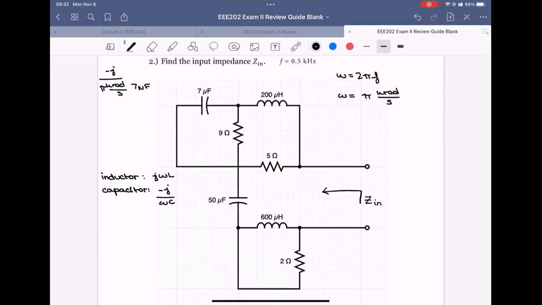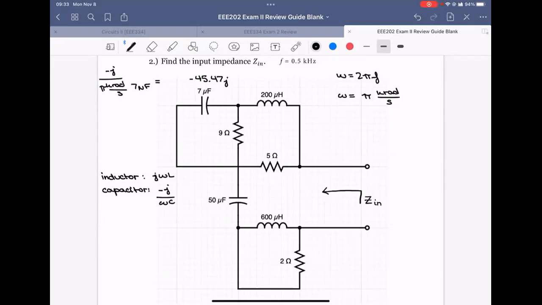Do that in your calculator and you'll get negative 45.47 j.